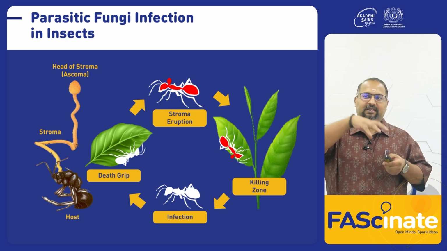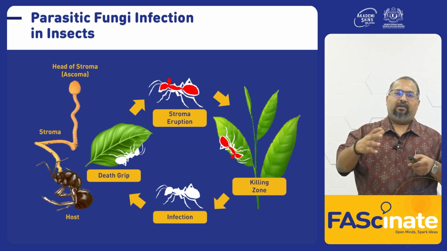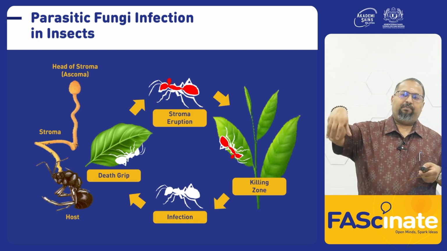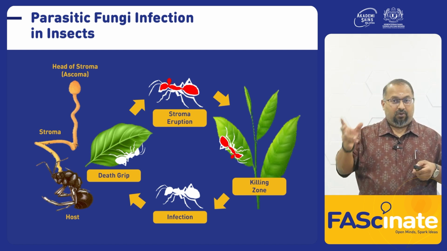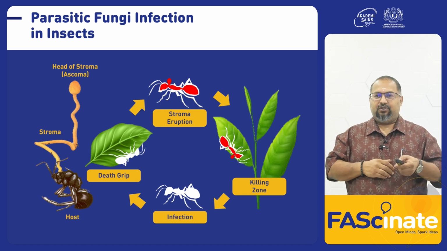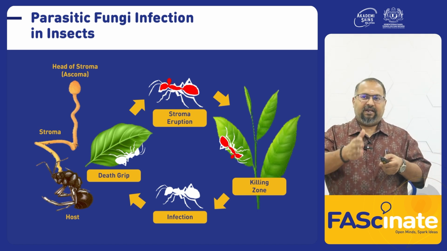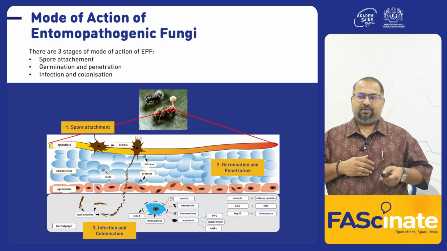This will be the killing zone, where there can be one or many insects in one particular area, which we also call the graveyard. This is how the mechanism of infection occurs, depending on the species of the arthropod.